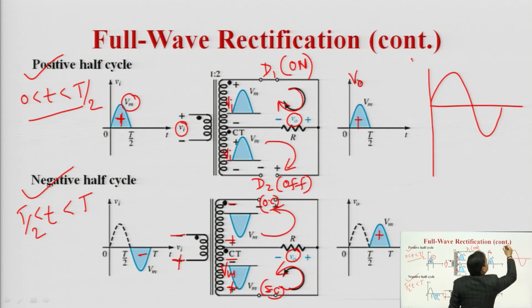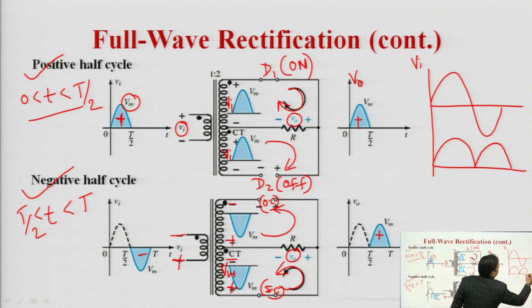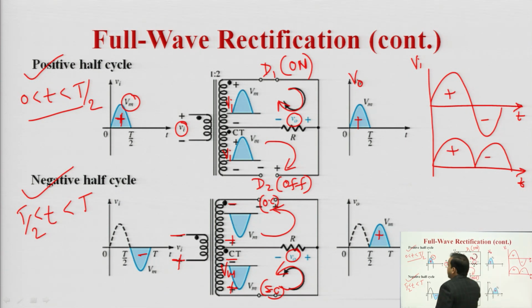This is Vi and this is V out. So basically the alternating AC voltage is transformed into pulsating DC.